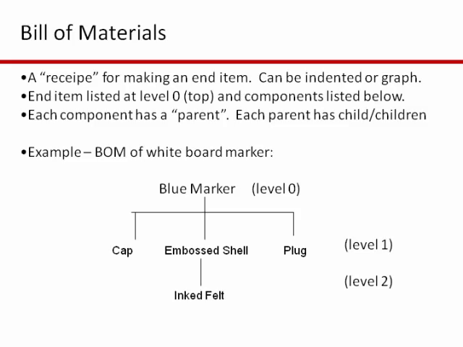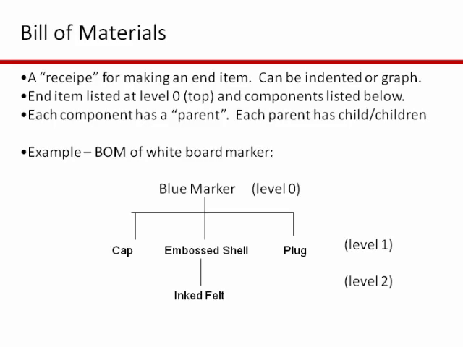First of all, at the top, where it says blue marker level 0, that is the end item. So I imagined a bill of material for those blue markers that you use on the whiteboards. All right, so our end item is level 0.